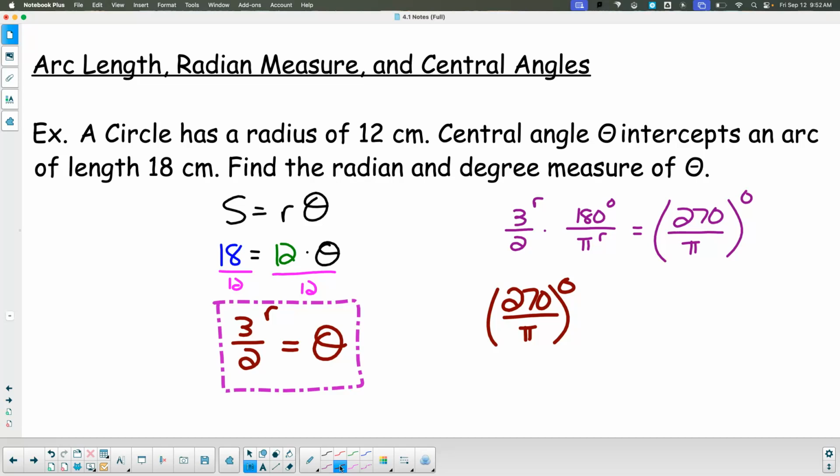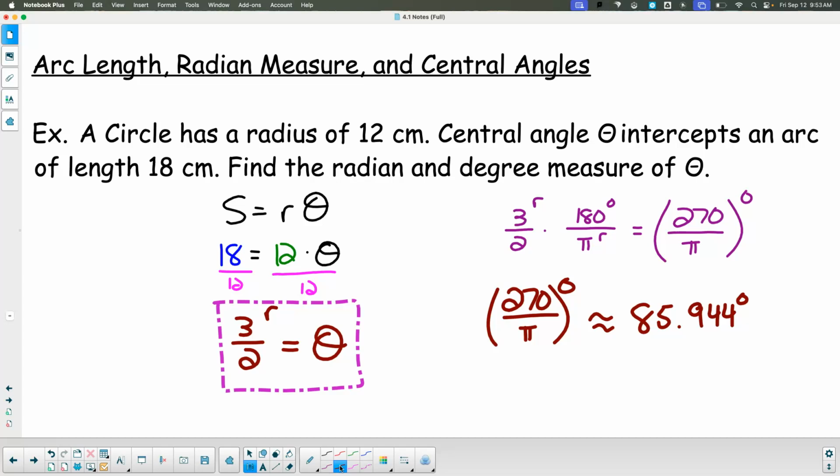My decimal would be 270 divided by, sure, where's pi on this one? There it is. My decimal degree would be approximately 85.944 degrees. Yes?